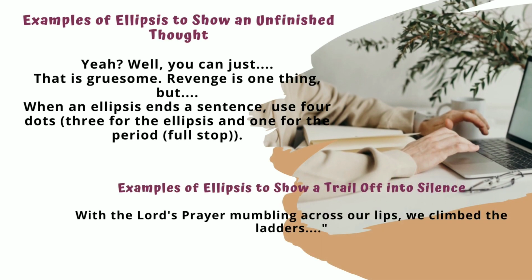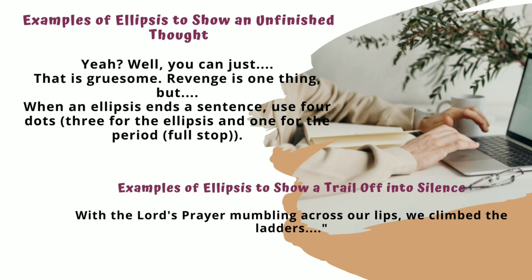Examples of ellipses to show an unfinished thought. "Yeah, well, you can't just..." "That is gruesome. Revenge is one thing, but..." When an ellipsis ends a sentence, use four dots: three for the ellipsis and one for the period, which signifies a full stop.